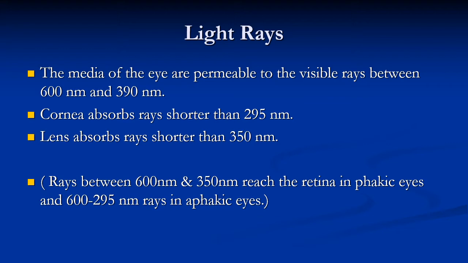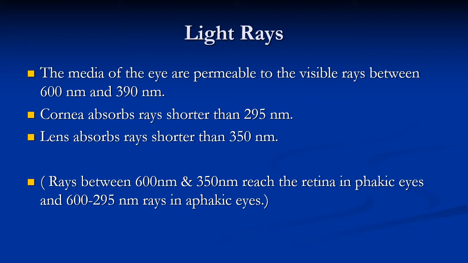So when you operate on a patient, in olden days we were operating without implantation of a lens, because we did not have an intraocular lens implant at that time. After the invention of the intraocular lens, we started intraocular lens surgery. In olden days, when the lens was removed, the patient became aphakic, and all 600 to 295 nanometer rays were going inside the eye and were toxic to the retina.